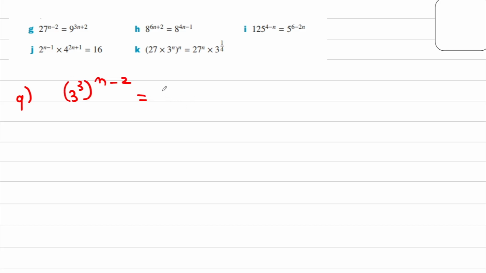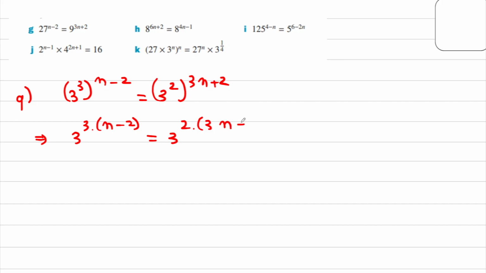About 9, you get 3 squared, and then 3n plus 2. So continue, you get 3 multiplied with n minus 2, and 3 here, 2 multiplied with 3n plus 2 here. So only equate the power numbers. You get here 3n plus 2 like this.